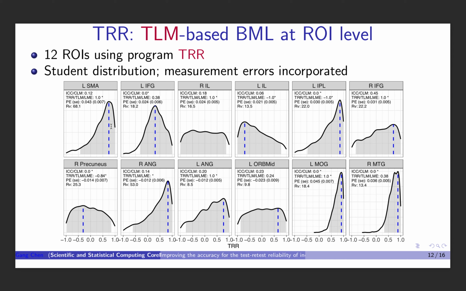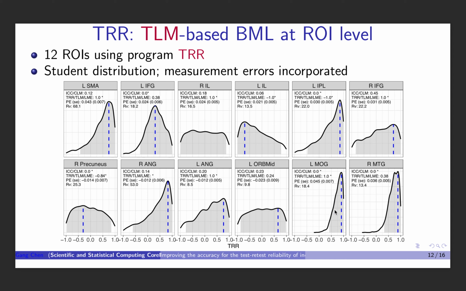But that is an important factor for why the traditional approach is underestimated, and also why the distribution of the reliability is so diffuse. Compared to the previous slide, where I showed 3 slices of the brain images of the ICC value, this is totally different. Some regions have relatively high reliability.